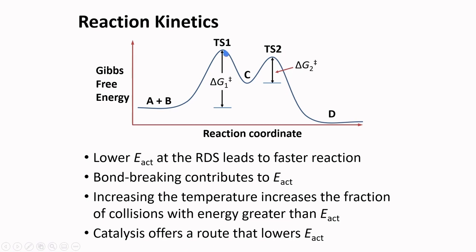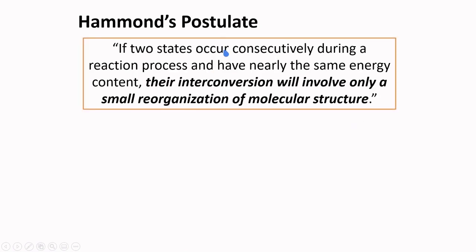It is difficult, if not impossible, to determine the structure at the transition state. But we need to have an idea about this structure in order for us to control a reaction. One of the concepts that can be used in this case is called Hammond's postulate.